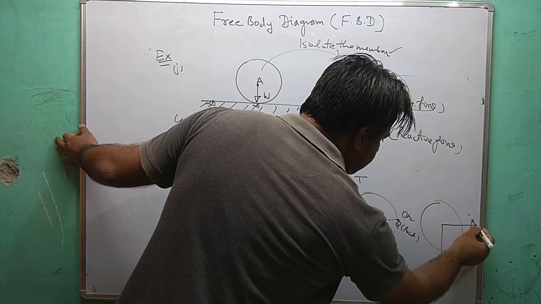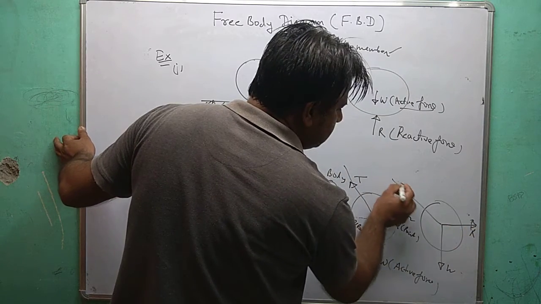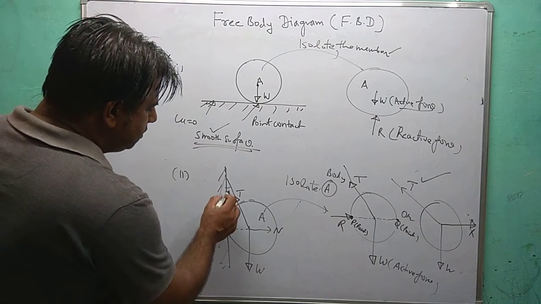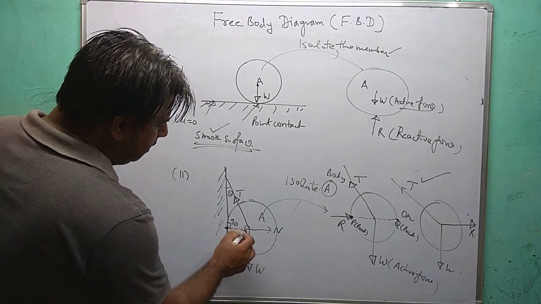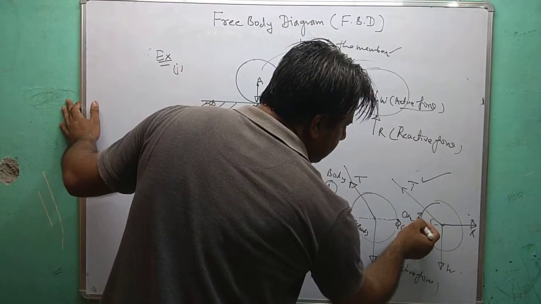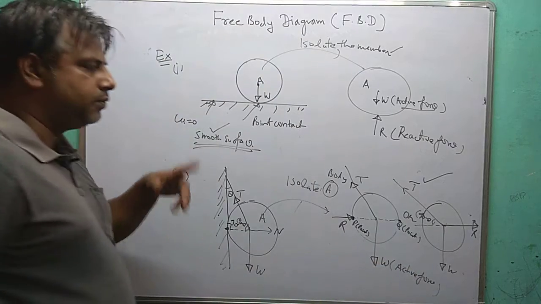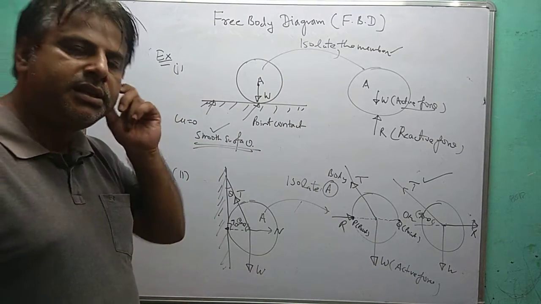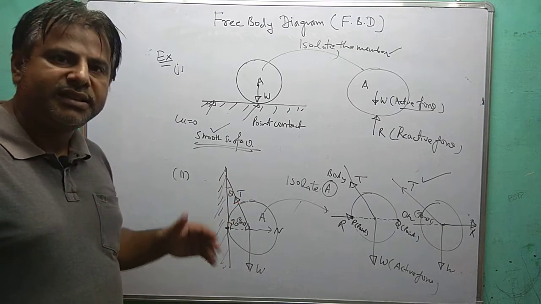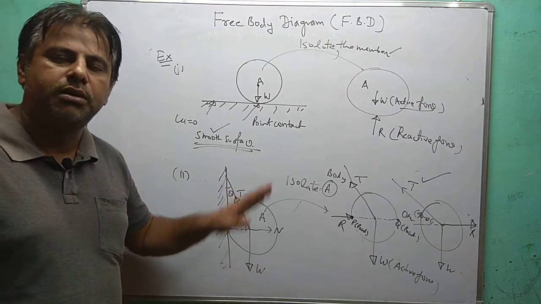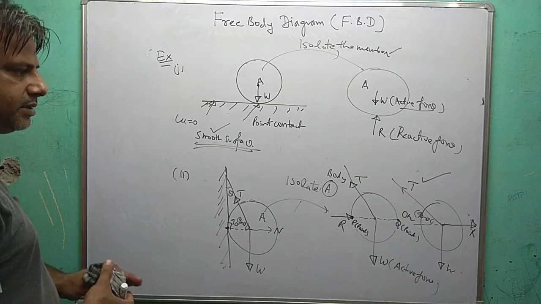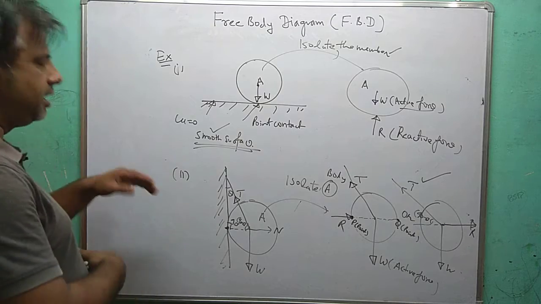In this way you may represent the reaction R, and this is my tension T. Now suppose this is my theta, this is 90 minus theta. To find out the reactions or the tension in the rope, you apply the condition of equilibrium. So summation of the forces in vertical direction must be 0 and summation of the forces in horizontal direction must be 0. In this way you may calculate the rope reactions or support reactions.